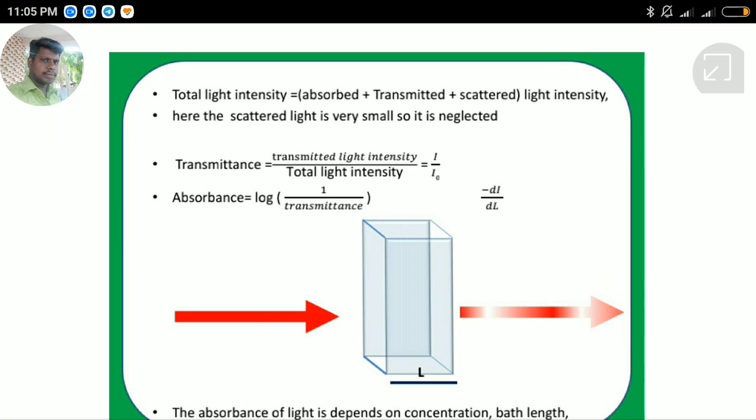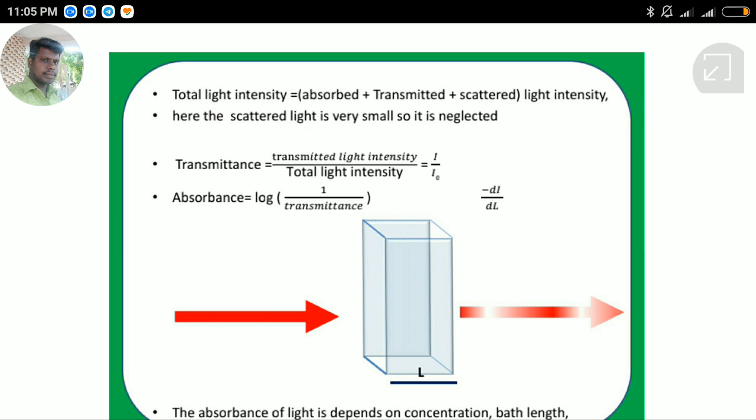So the initial intensity equals the sum of the intensity absorbed by our solution, plus the transmitted intensity, plus the intensity scattered by the surface of our cuvette. Let's consider that the scattered light is very little, so it is negligible.